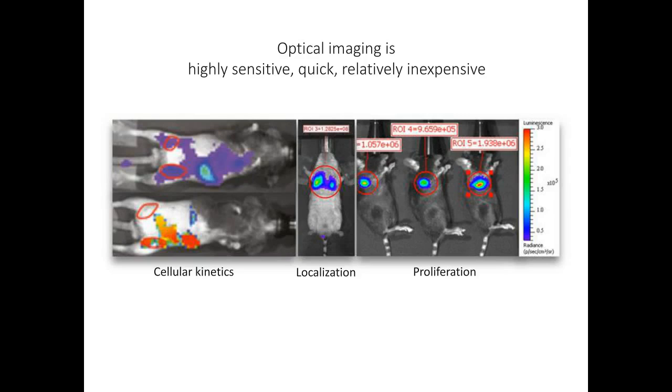And a lot of users tend to do proliferation studies, expressing reporter genes in tumor cells, implanting those tumor cells, and using imaging to watch the growth of those tumors. The presence of a signal is also important because it actually says that these cells are functional. They are expressing these luciferases and generating these proteins. And so it's also good to look at whether or not your tumor cells are viable within the animal, or any type of cells that you're interested in.